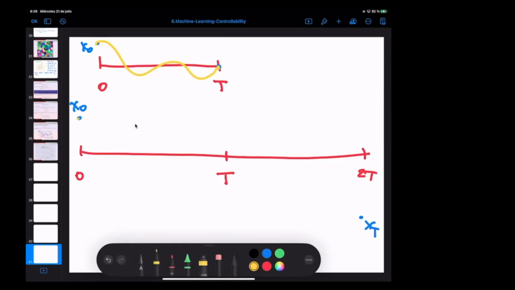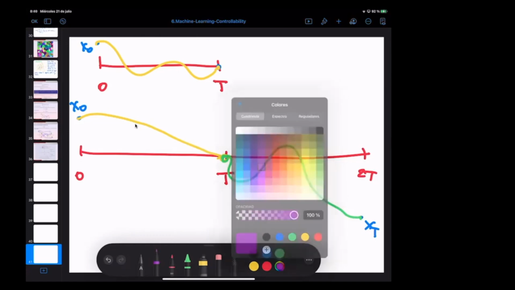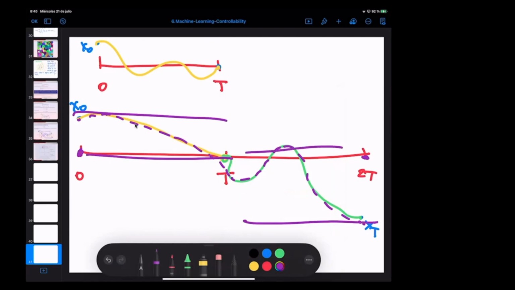In the first step, I will move from x0 into 0. And then in the second step, I will do it backwards, moving from xT into 0. The gluing of these two trajectories provides a trajectory that goes from x0 into xT, now in the time window 0 to 2T, but hoping that the amplitude of the control is the one that you got for the time interval T without amplifying the control.